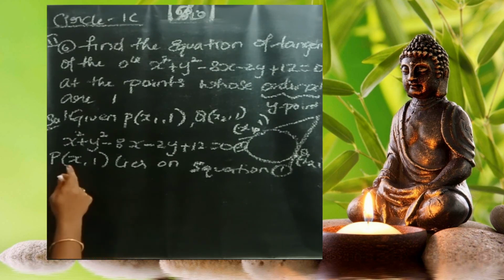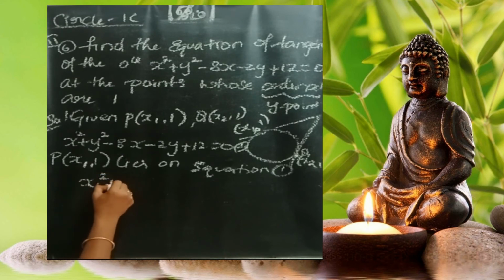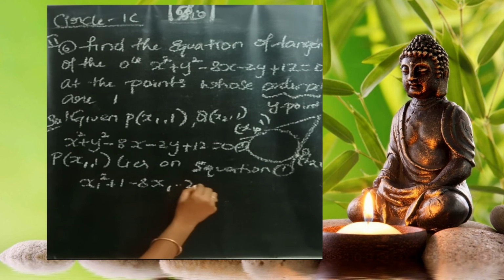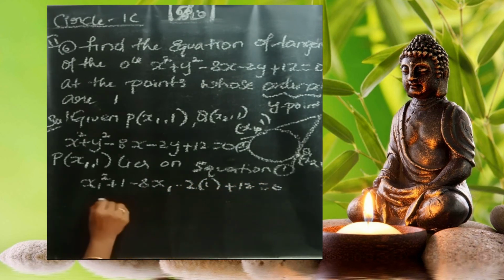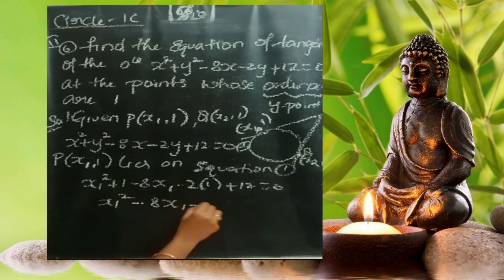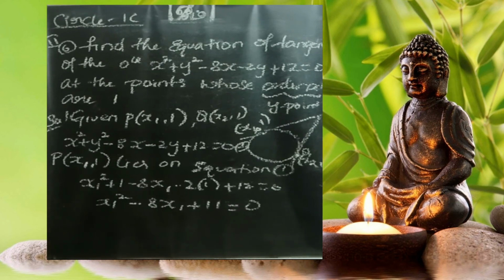So x1 square plus 1 minus 8x1 minus 2 into 1 plus 12 equals 0. By simplifying we get x1 square minus 8x1 plus 11 equals 0.